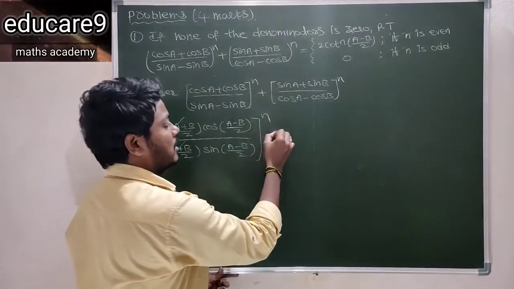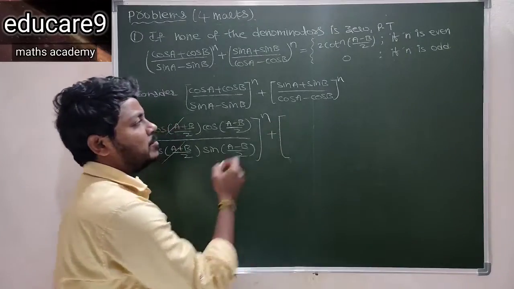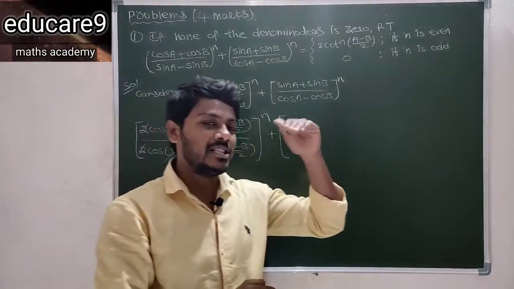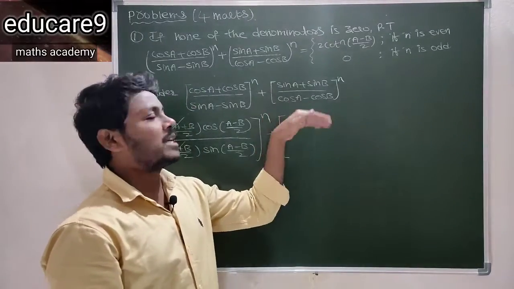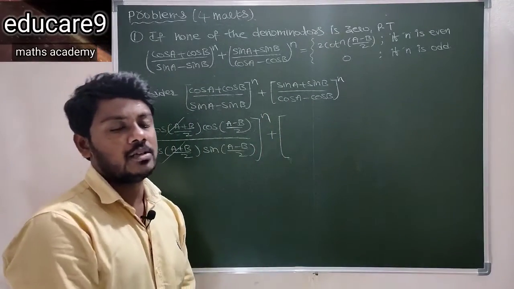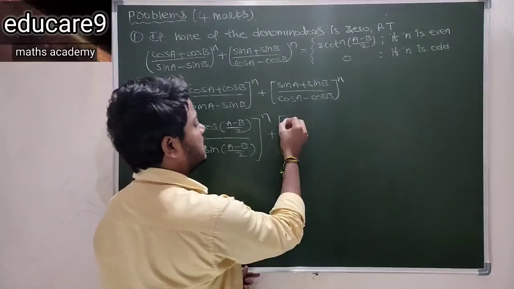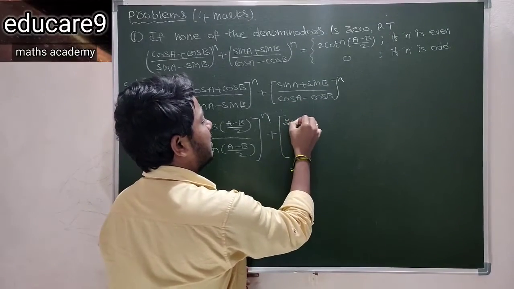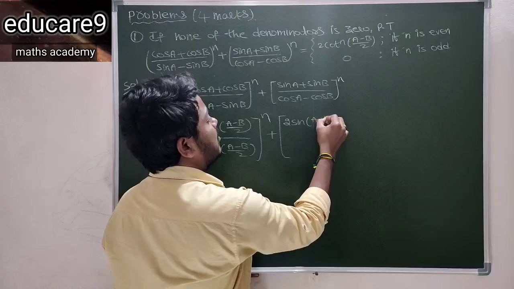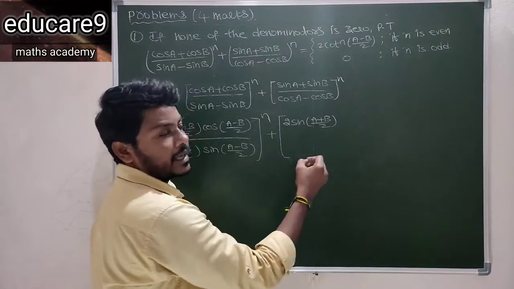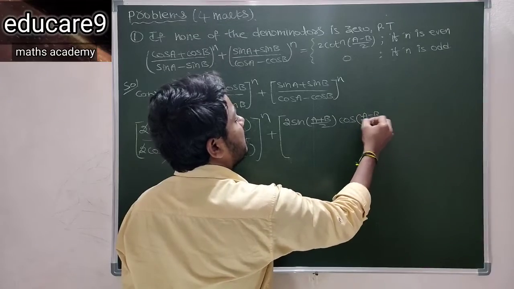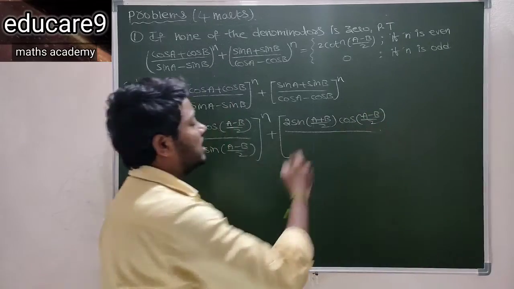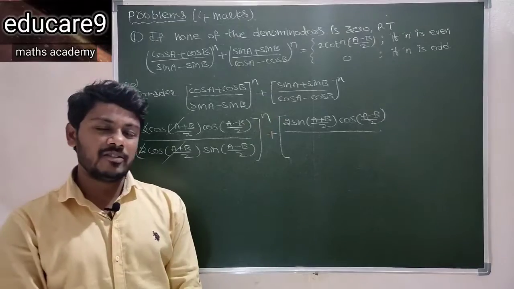Now this is sin a plus sin b. So clearly it is in the form of sin c plus sin d. You know the sin c plus sin d formula: 2 sin (c plus d) by 2 cos (c minus d) by 2. So this is 2 sin (a plus b) by 2 cos (a minus b) by 2, divided by the cos c minus cos d formula.